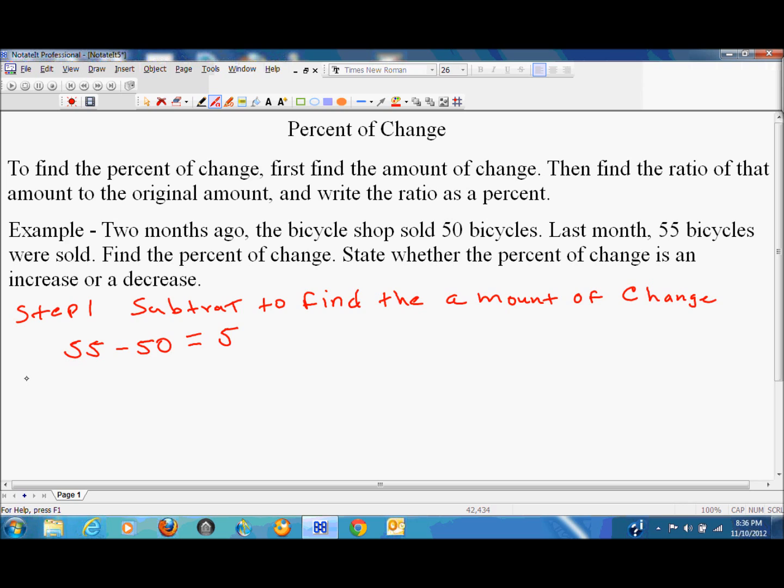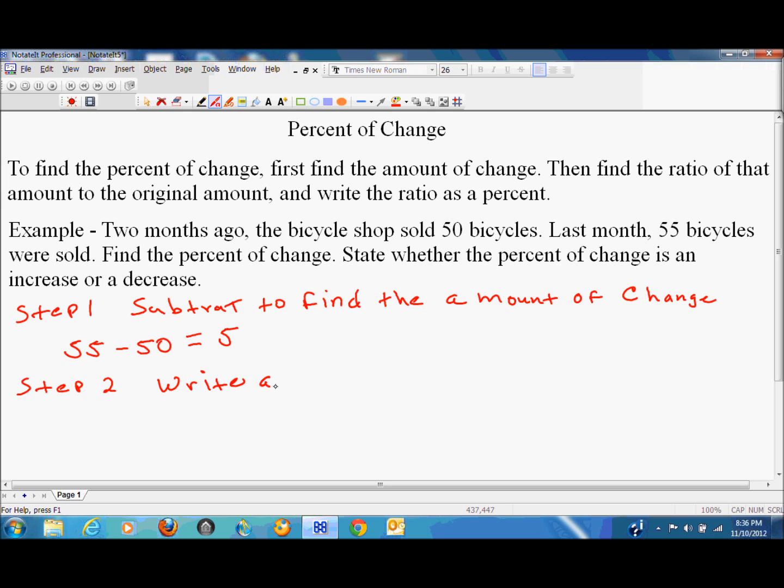Okay, well, step 2. With step 2, we want to write a ratio that compares the amount of change to the original number of bikes. So we want to write a ratio. I'm going to write this down, so give me a minute.